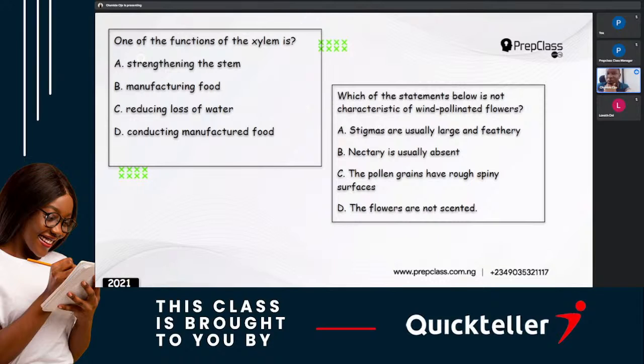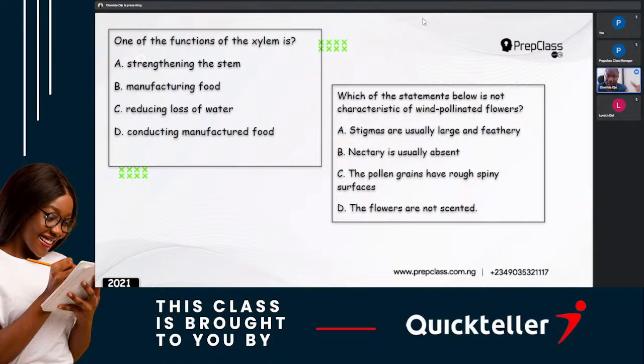Question number 1. One of the functions of xylem is... Now, in every plant we have what we call tissues. So we have the xylem tissue of the plant. The xylem is the one that takes water from the root to all parts of the plant. It takes water and minerals that the plant needs.